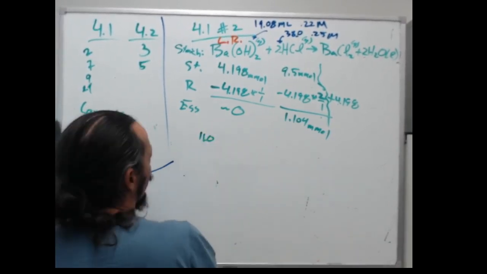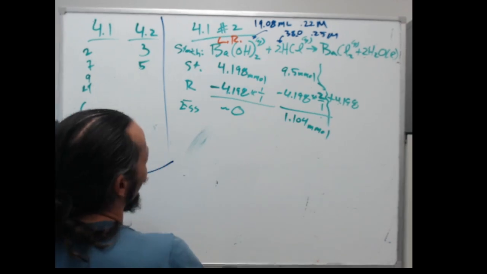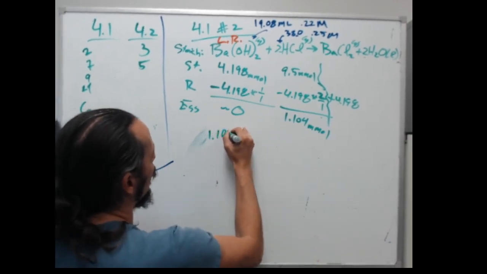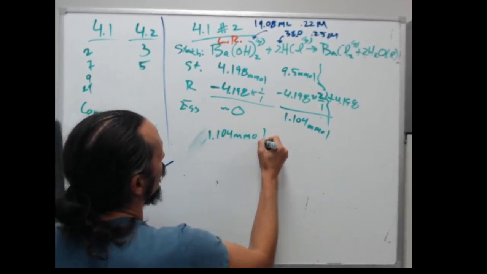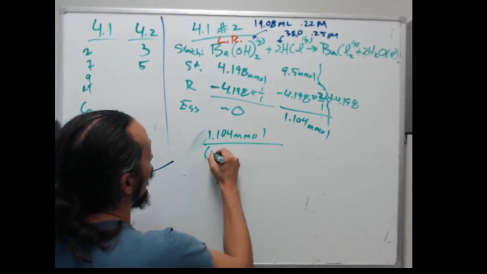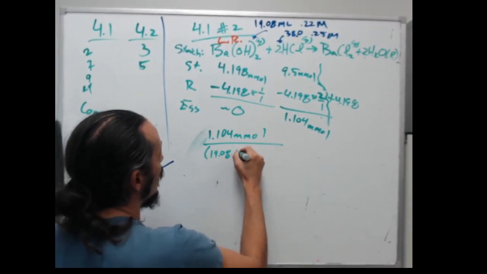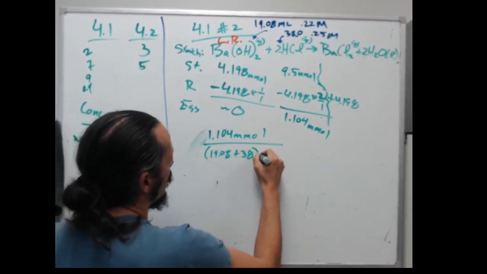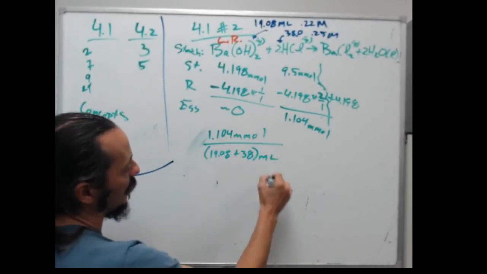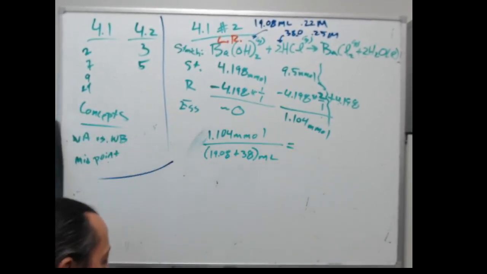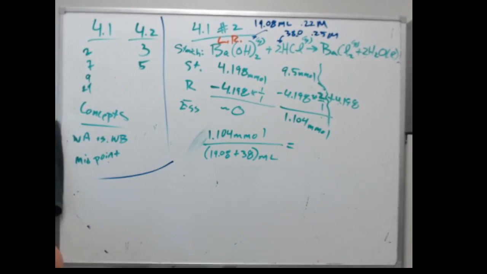So we have to take this 1. Oh, good grief. You have to take the 1.104 millimoles divided by the total volume, which is going to be that 19.08 plus 38 milliliters on the bottom. Notice the milli cancels out, and that will get us our concentration. Divided by quantity 19.08 plus 38.